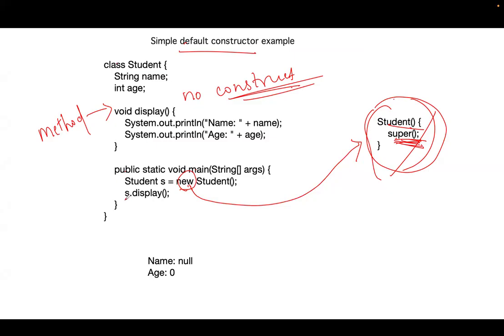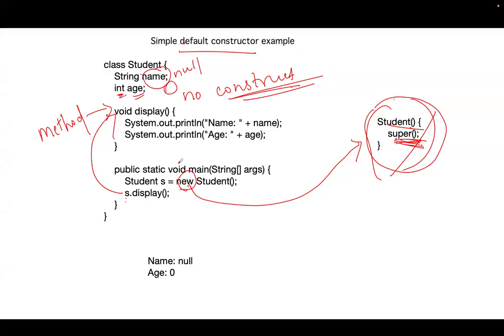Now the second part is s.display. s.display means this object will call this method and it will give name and age. When it calls this string name, this is an instance variable. We are not initializing any variable here, right? So what is the default value of a string? Null. The default value of age, for an integer, is 0.